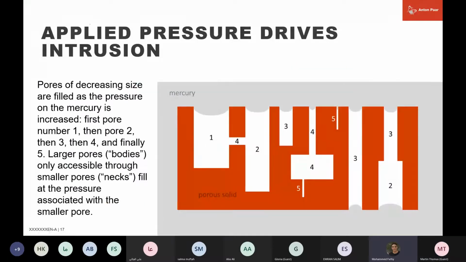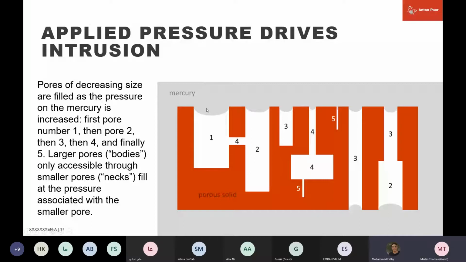Now, just to show you again how everything is going to proceed here. Pores of decreasing size are filled in order as the pressure on the mercury is increased. In this very simple pore network, the largest pore, which communicates with the surface, will be intruded first, and this just intrudes at one end. It's only connected at this surface.